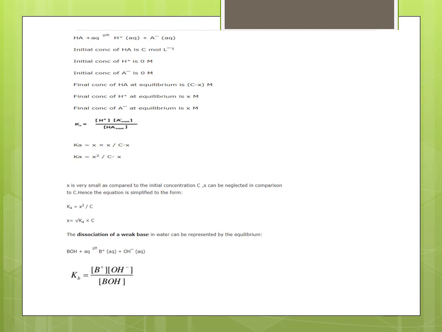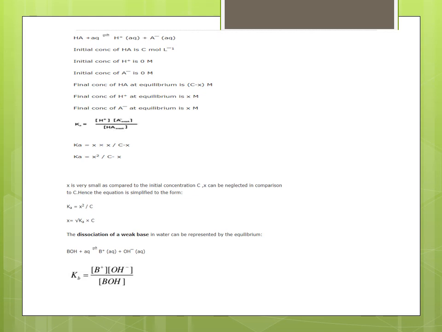Therefore, what will be the expression of Ka? What was Ka? It was the molar concentration of H positive, the molar concentration of A negative, divided by the molar concentration of acid HA.